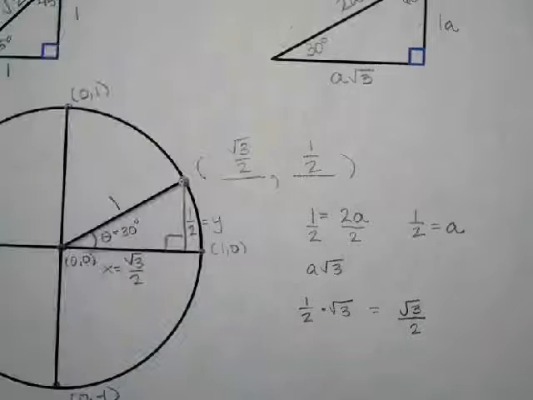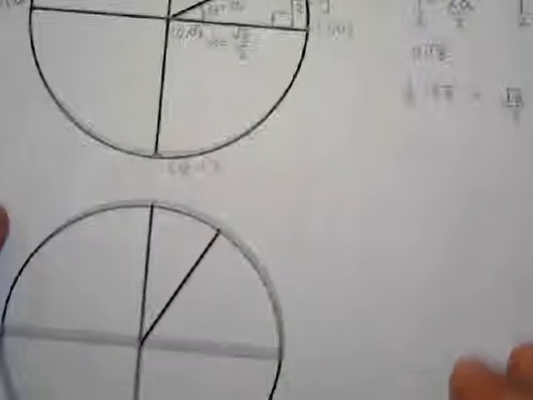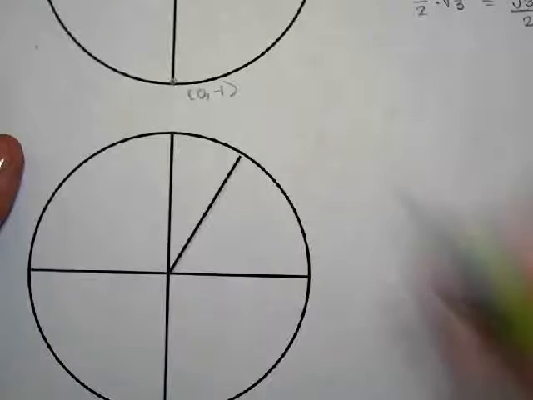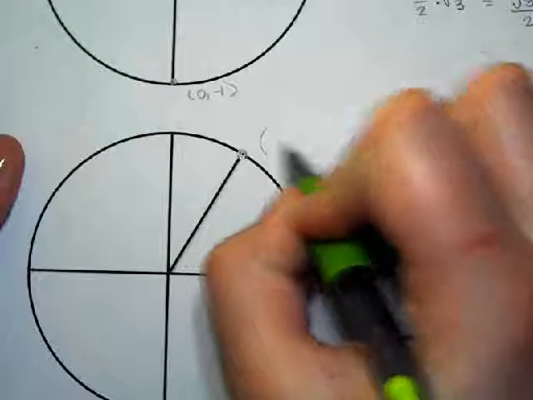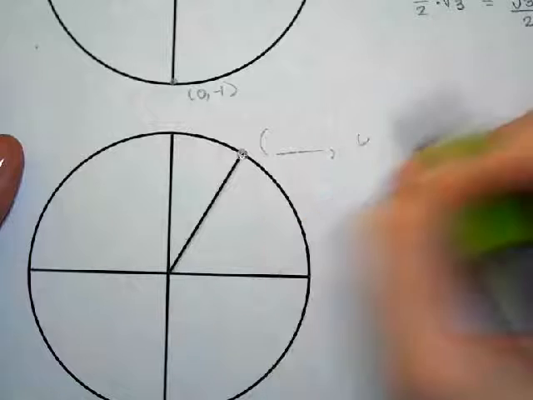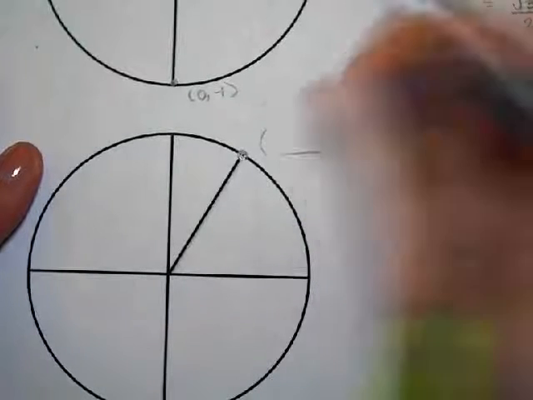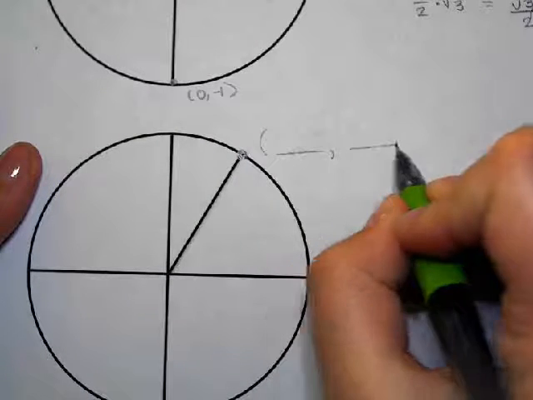All right. So here's the next one. We're going to draw a dot right here. This has an x coordinate and a y coordinate. We're going to draw a line straight down.